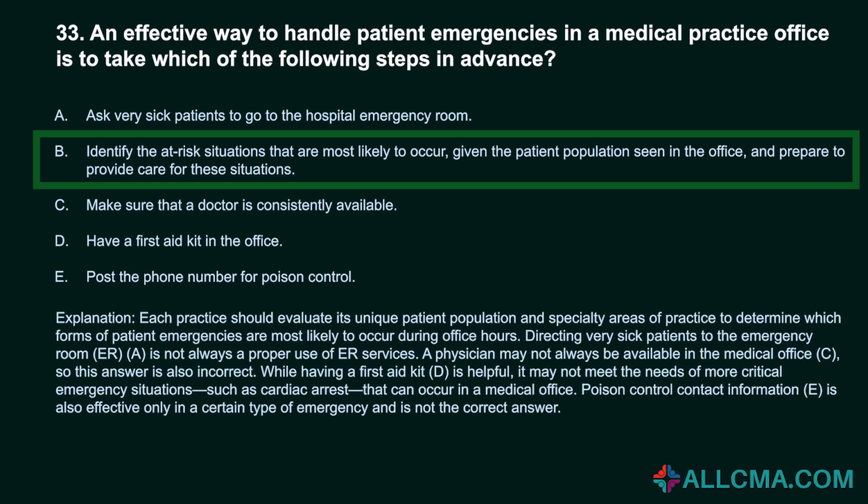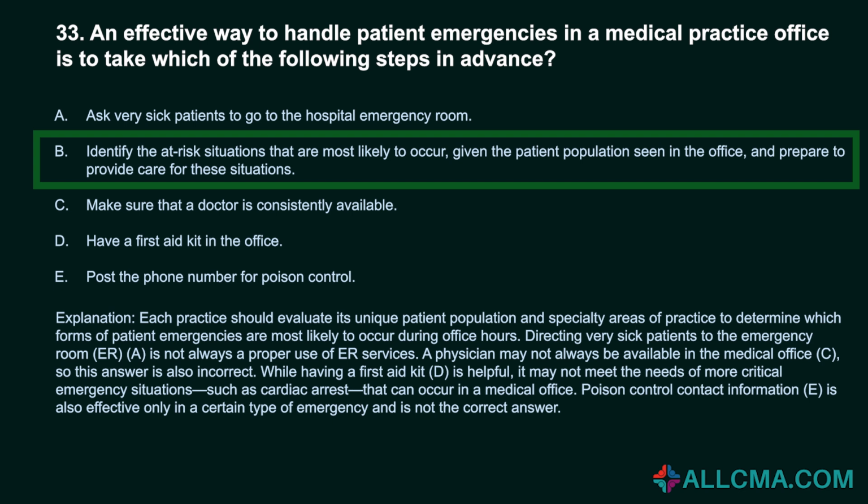Each practice should evaluate its unique patient population and specialty areas of practice to determine which forms of patient emergencies are most likely to occur during office hours. Directing very sick patients to the emergency room, A, is not always a proper use of ER services. A physician may not always be available in the medical office, C, so this answer is also incorrect.